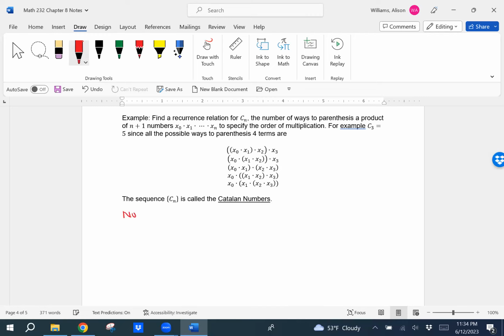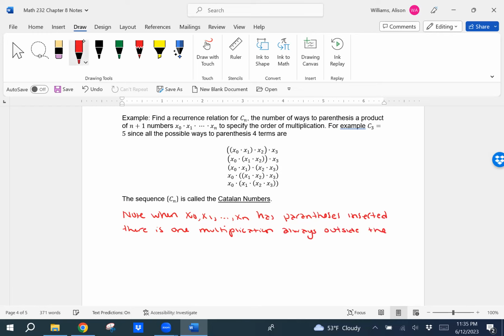So first thing to note: when x sub 0, x sub 1, up to x sub n has parentheses inserted, there is always one multiplication symbol outside of the parentheses as the final operator.